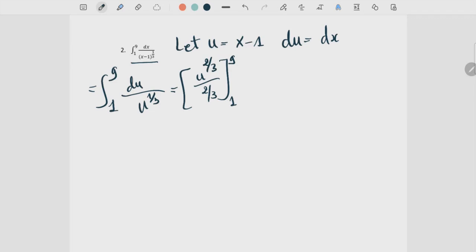Evaluated between 1 and 9, and if you substitute back the x, you have x minus 1 to the 2 over 3 divided by 2 over 3, right?